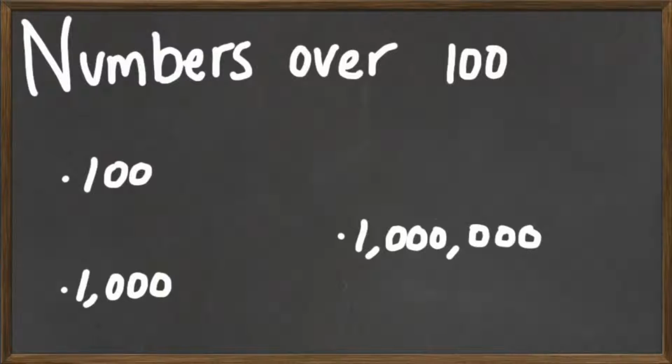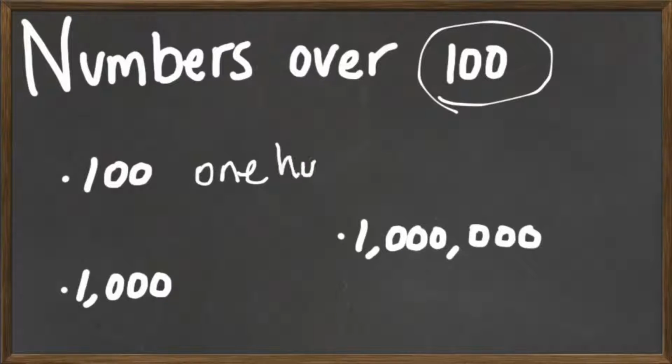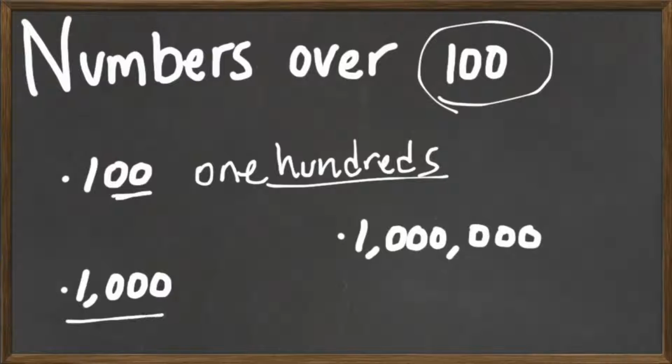Okay, numbers over 100. Well, you know this one is 100, or hundreds. Only three-digit numbers. If you want to go above that, you will have thousands. Repeat, thousand.